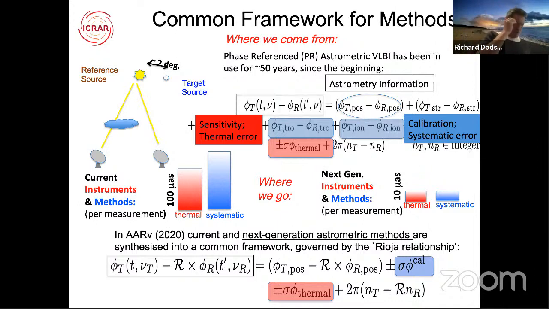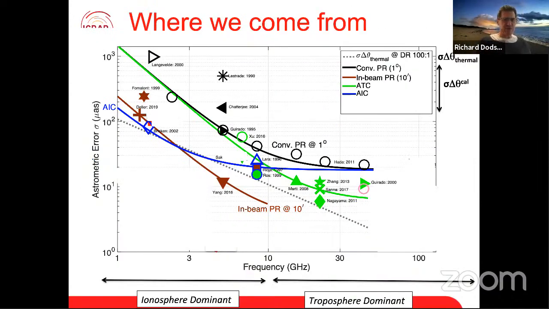So turning to the historic results, here we plot the thermal noise from a dynamic range of 100 to 1 with a gray dotted line. And that's the typical level of sensitivity you'll achieve with a normally scheduled experiment.